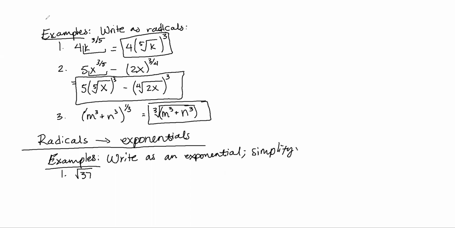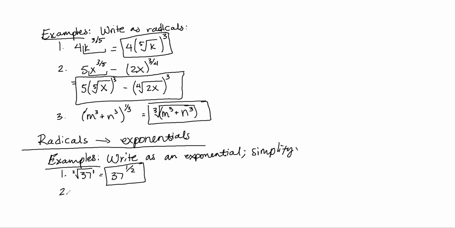That's write it as an exponential and then simplify, and that's only if possible. So the square root of 37, we don't see an exponent right now, and if you don't see an exponent, that means it's a 1. So our numerator is going to be a 1, and our denominator, we're taking the square root, so our denominator is 2. So we have 37 to the 1/2. And if you want to write the 2 in there, you can. That's as far as we can go. 1/2 can't be reduced, and we can't take the square root of 37. So that one's pretty fast.